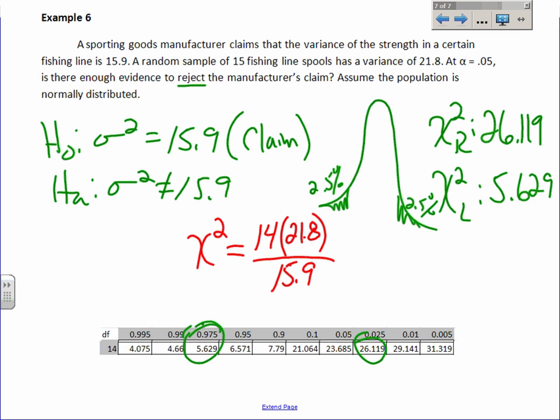All right. And unfortunately, though, I got, what, 19? Is that what you got? And so remember, this number here is 26.119. That's your 5 points. So 19's kind of in there-ish, right? And so unfortunately, not enough evidence to reject the null, and so not enough evidence to reject the claim.